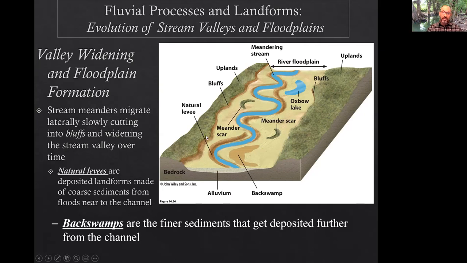You also notice that there's a couple other terms I want you to know about that occur in a river floodplain, like natural levees. This is when a flood is reduced and dissipates. It leaves two things.